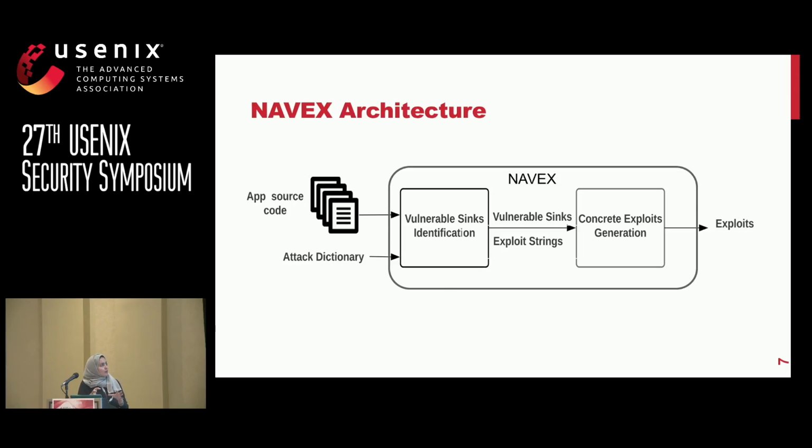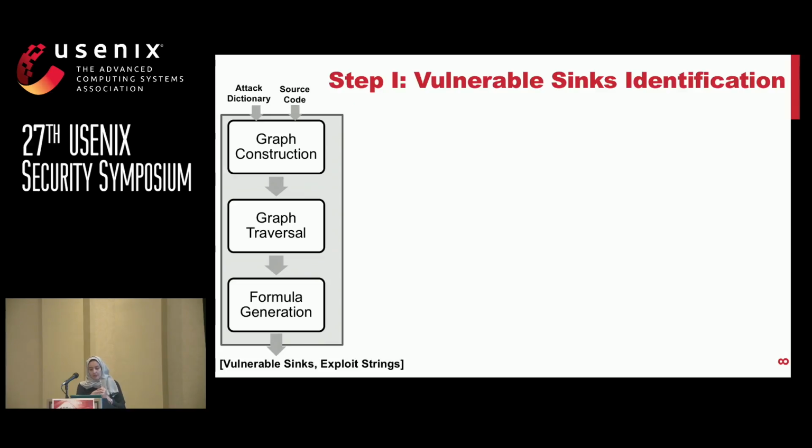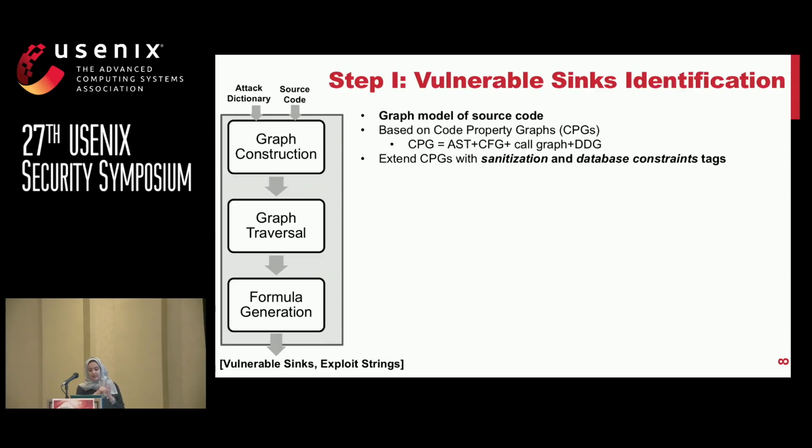It is composed of two main steps, vulnerable sinks identification and the concrete exploits generation. In the first step, we create a model of individual modules of the application, and also we analyze each module in the application separately.